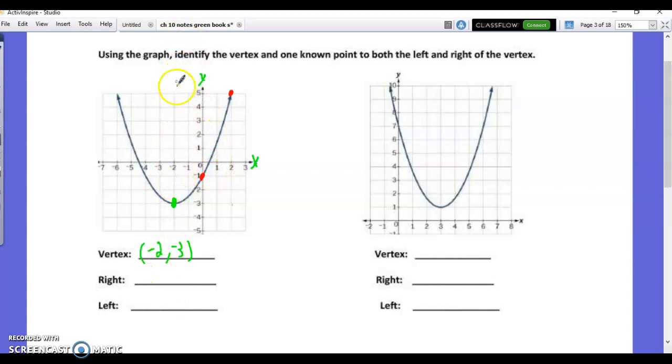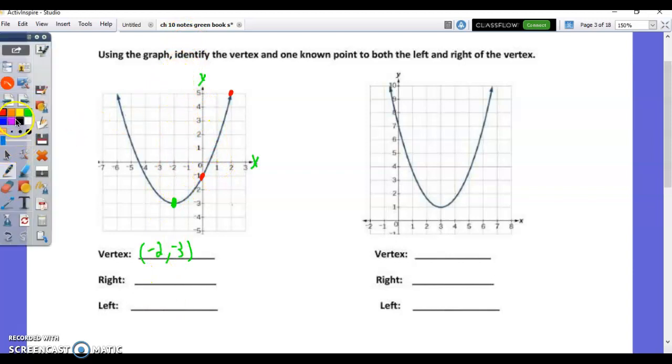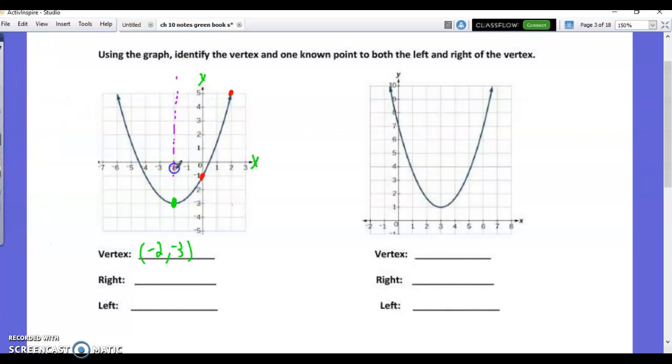The axis of symmetry for this particular graph would be -2. The other one was our y-axis. But you can see here, this would be our axis of symmetry. And if we folded this over, we get equal distance away from that. So 1, 2 right here is equal distance away. 1, 2, here's another known point. I mean, they're mirrored all the way across. So that's going to help you when you're identifying other points.